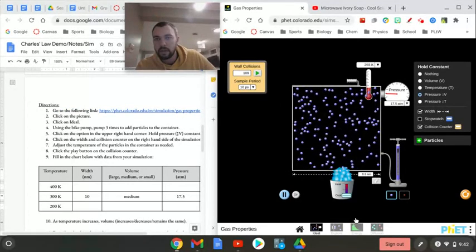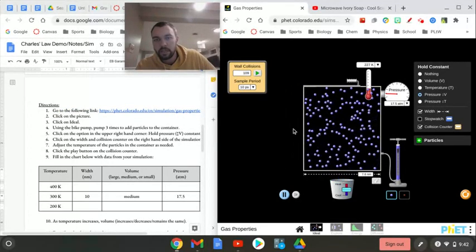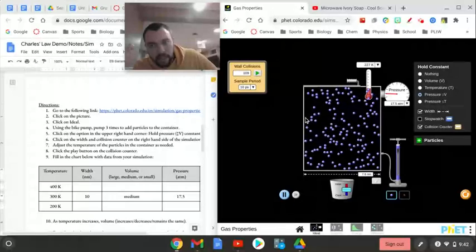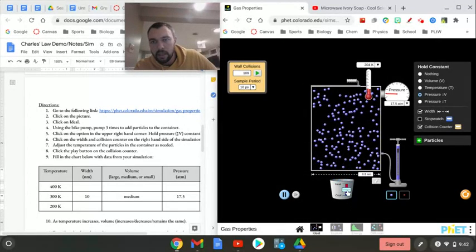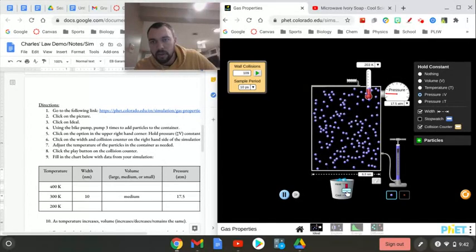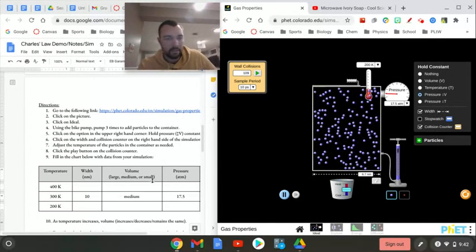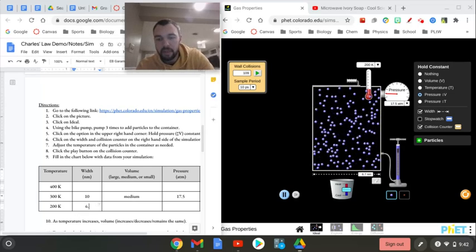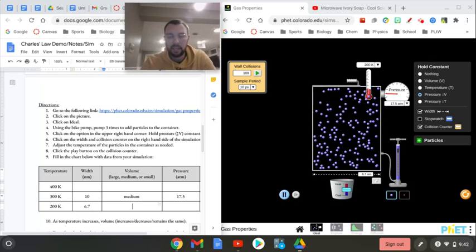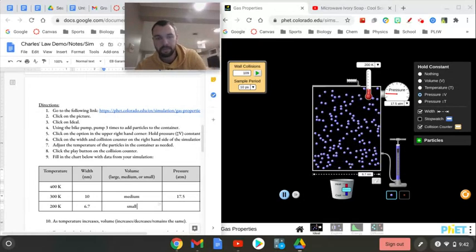Okay, so now I need to cool it down to 200. So cool it down. Whoa. As you can see, as I'm cooling it down, this is shrinking. Okay, now it doesn't have to be exactly 200. I'll try to get it exactly. Oh, got it. All right. So now what's the width? 6.7 nanometers. I would say that this is definitely smaller.